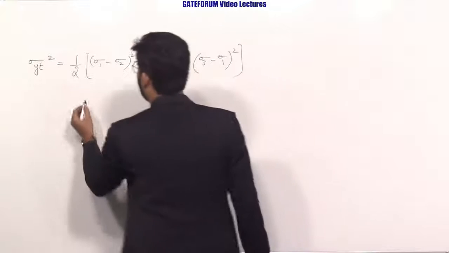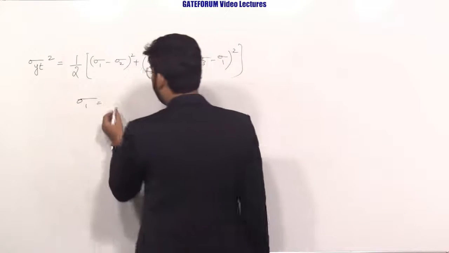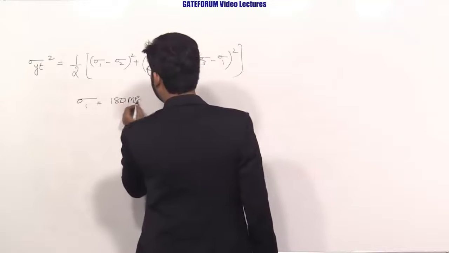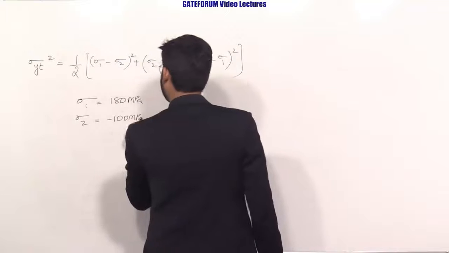So here sigma yt square is equal to 1 by 2 times of (sigma 1 minus sigma 2) whole square plus (sigma 2 minus sigma 3) whole square plus (sigma 3 minus sigma 1) whole square. All the values are given to you: sigma 1 is equal to 180 megapascal, sigma 2 is equal to minus 100 megapascal, sigma 3 is definitely 0.